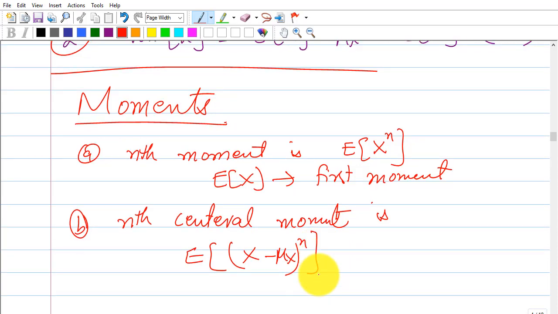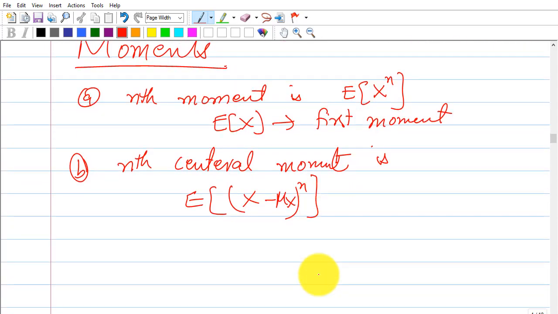For n equal to 1, the first central moment is 0, as we have seen previously. For n equal to 2, it is the variance of the random variable x. So that's the second central moment of the random variable x.